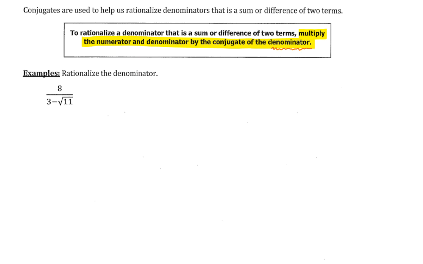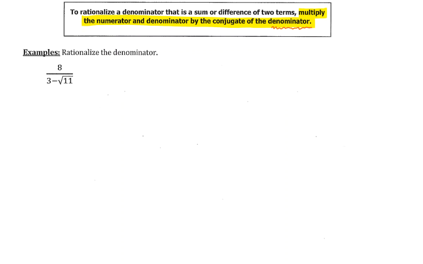So, without further ado, let's go ahead and look at an example where we will use the conjugate of the denominator to rationalize this fraction, 8 over 3 minus the square root of 11. So the conjugate that we want to identify is the conjugate for 3 minus the square root of 11.